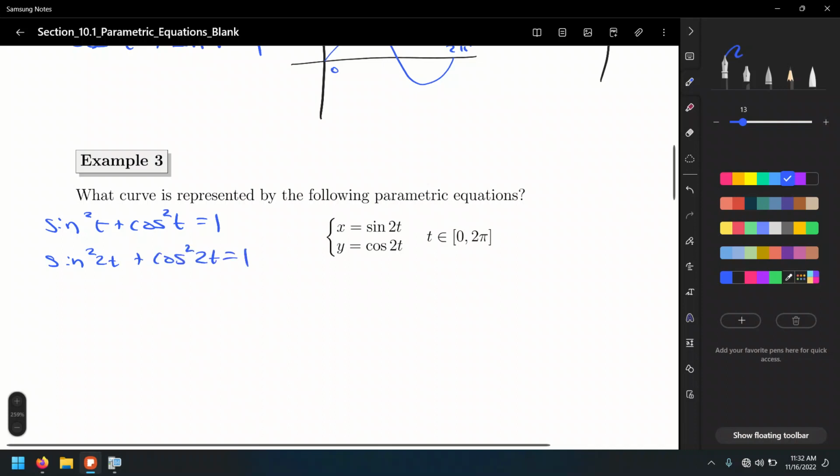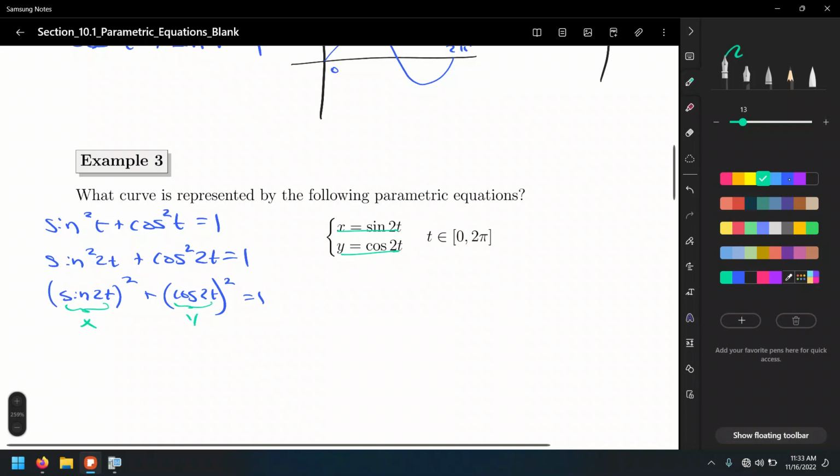I'm going to write it the following way, in parentheses: sine 2t, cosine 2t. But what do we know about this? x equals sine 2t and y equals cosine 2t.